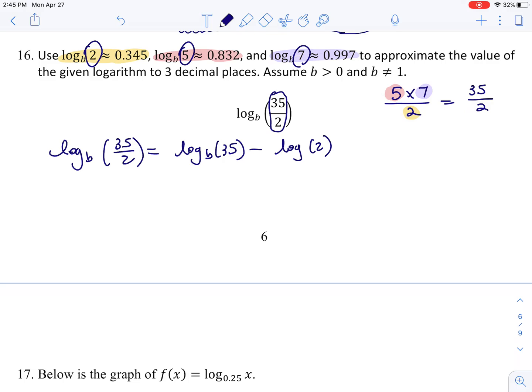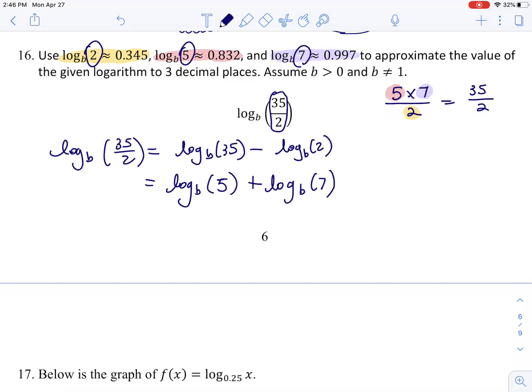I'm expanding this because a quotient argument can be separated into 2 separate logs with the same base, connected by a minus sign. And then I can go ahead and rewrite this as log base b of, let's break down 35. 35 is 5 times 7, isn't it? So I can separate log base b of 35 as log b of 5 plus log b of 7 and just bring down your log b of 2 there.